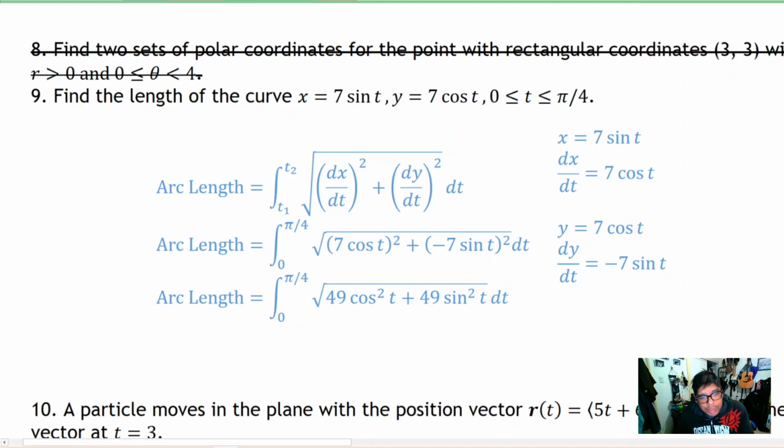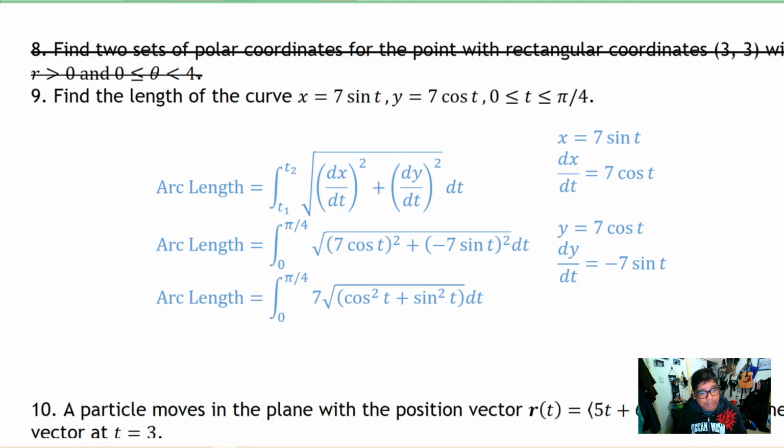Now the other thing we can do is now we see that both of these terms have a 49, so we can factor that. And then we could use properties of square roots to separate out the two factors. Square root of 49 is just 7. And you might recognize cosine squared t plus sine squared t.